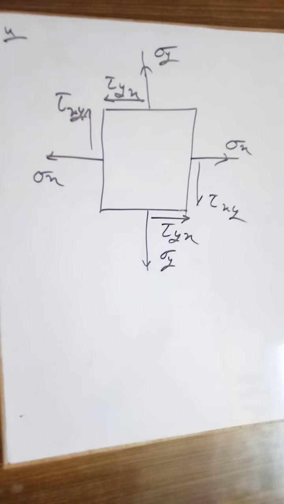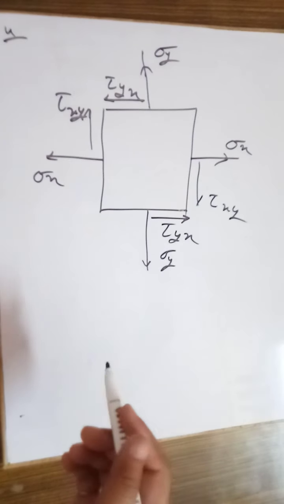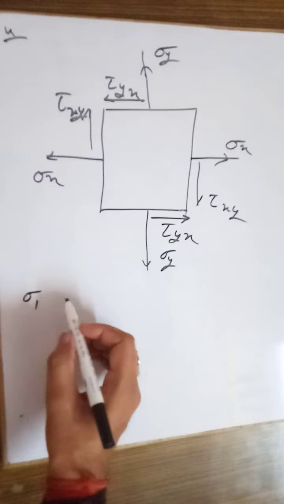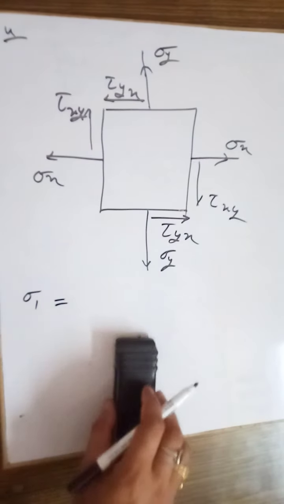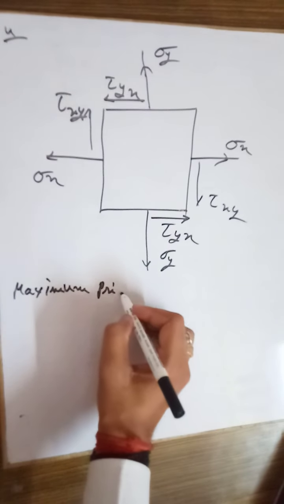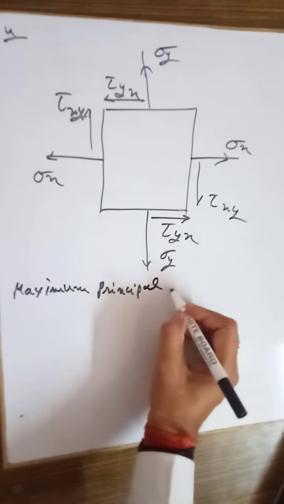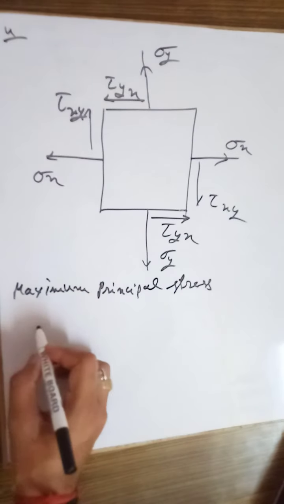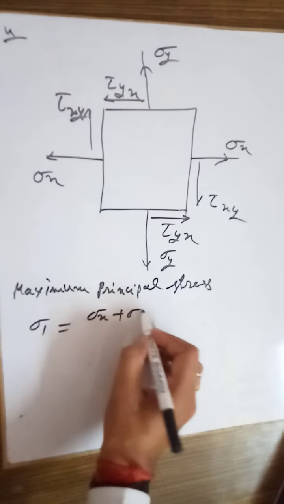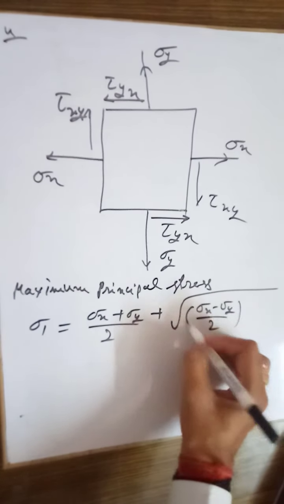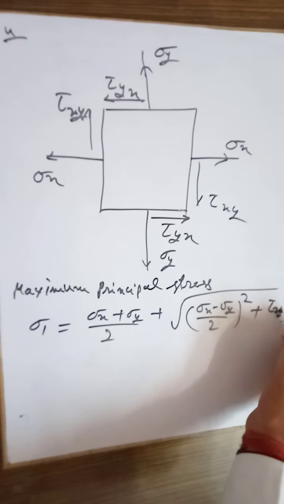Okay, so to analyze the maximum principal stress and the minimum principal stress or the maximum shear stress, we can use the approach from our earlier discussion when the Mohr circle was discussed. So the maximum principal stress can be represented by sigma 1, that is sigma x plus sigma y by 2 plus square root of sigma x minus sigma y upon 2 whole square plus tau xy whole square.